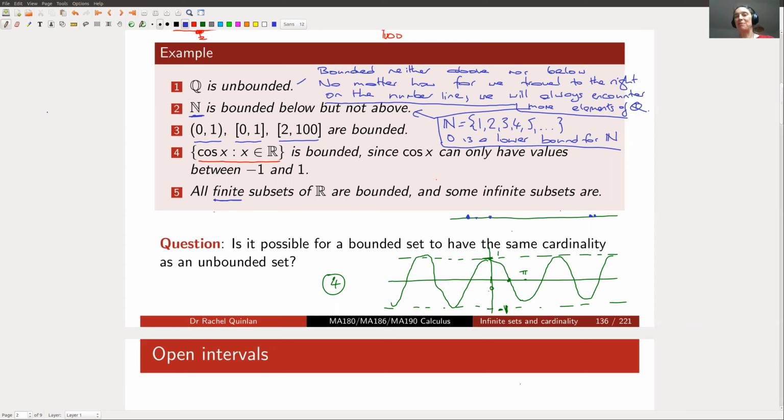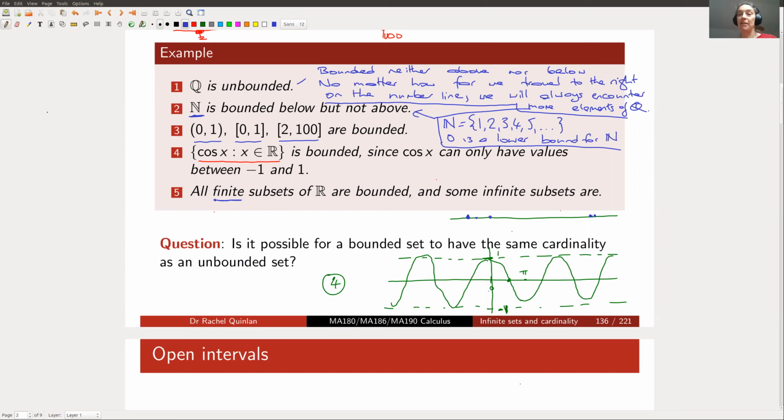Unbounded sets are spread out over the entire line; their elements stretch infinitely far to the right or to the left, or both. So could it be possible that a bounded set could have the same cardinality as an unbounded set? In this geometric sense, the bounded set is smaller in terms of how much space it takes up on the number line.